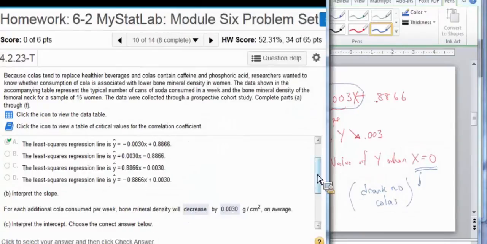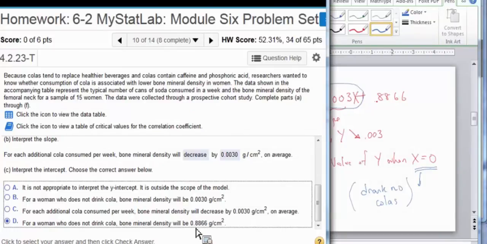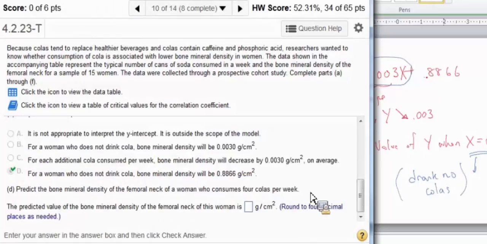So interpret the intercept. It is appropriate for a woman who does not drink cola. The bone mineral density will be 8866. That's choice D. Okay, so for a woman who doesn't drink cola, the value is the intercept. Okay, so let's continue.